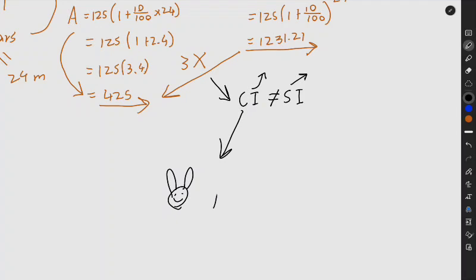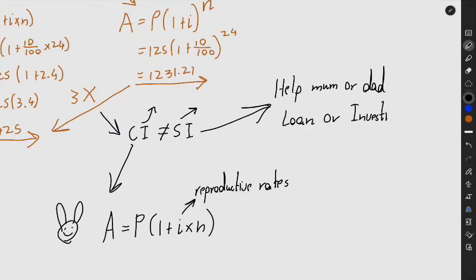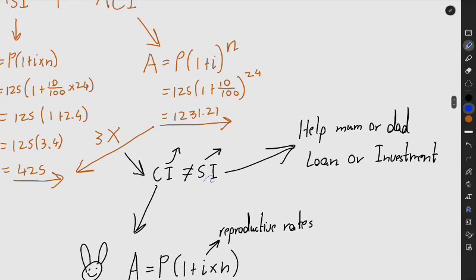For example, you'd find out how many bunnies, so the accumulated, is equal to the initial population, times 1 plus their interest, so that's the reproductive rate. So how many new bunnies, roughly, per an amount of time, and then just times that by the time. See, the scope of these equations are not just mathematics, and it's not just money either.